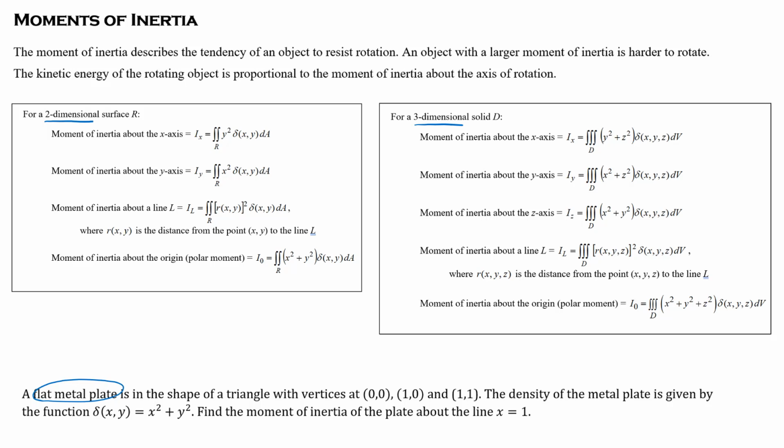We're going to find the moment of inertia of the plate about the line x equals 1. Looking up here at these formulas, the one that we are going to need is the moment of inertia about a line, and the r part of this equation is the distance from a point (x, y) to the line L that I'm rotating around.